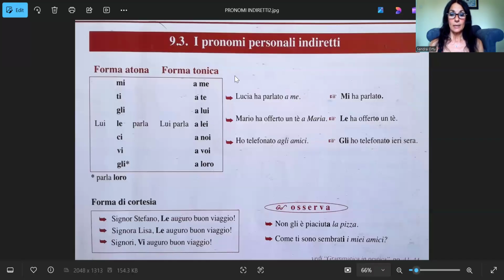And also to compare and see the differences and how to use them, especially. So compare the direct object pronouns to the subject pronouns.